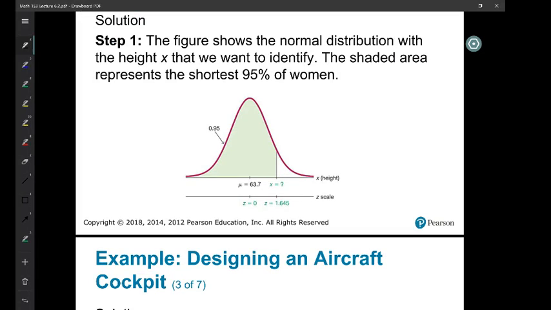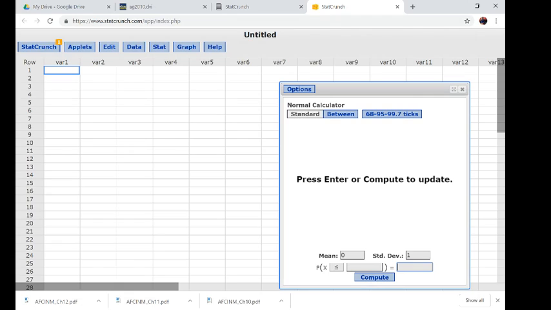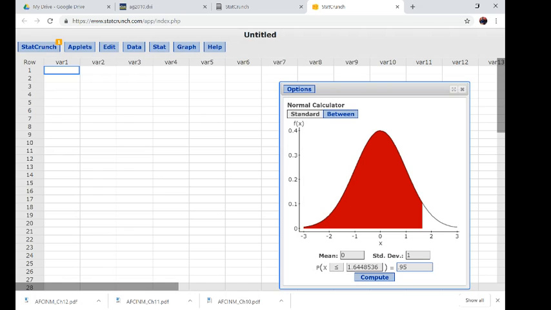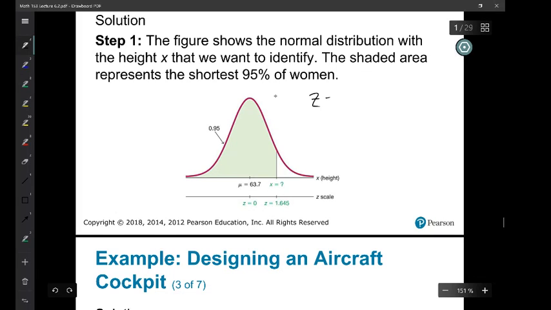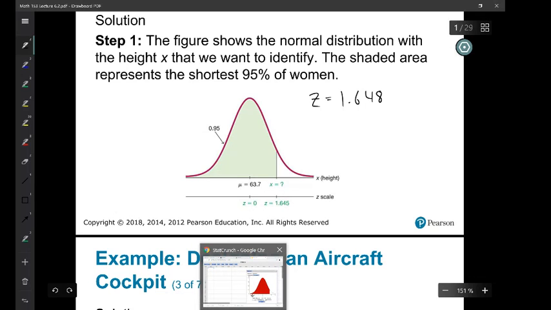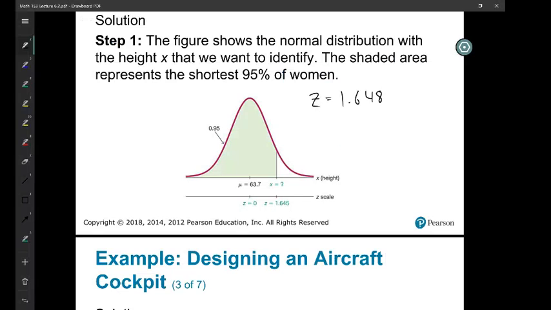We're still looking for an area of 0.95, so you would type that in here, look it up on your chart, and then get a z-score of 1.6448, or about 1.645.